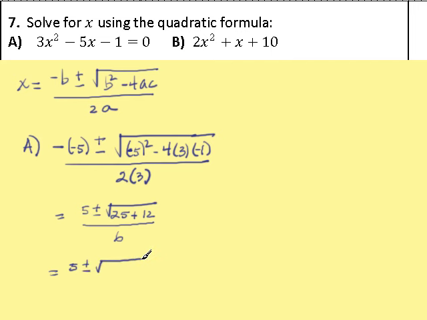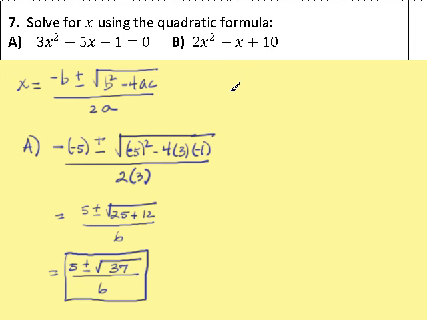All right, let's just add what we have in parentheses over here, and we have 37, 25 plus 12. And those are two solutions. Let me mention that this quadratic can't be factored because our solutions contain a radical.